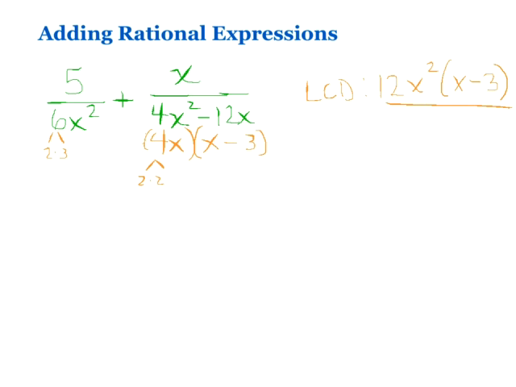So I now have an LCD of 12x squared times x minus 3. So now let's use our LCD to rewrite our expressions. Both of our expressions now need to have 12x squared times x minus 3 as the denominator.